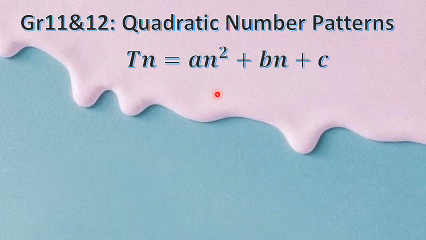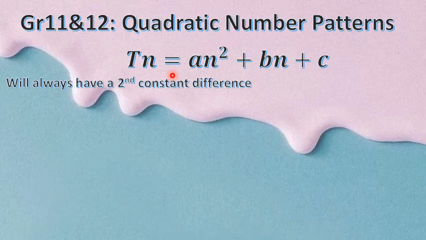And just as a parabola's formula is y equals ax squared plus bx plus c, a quadratic number pattern's general formula is Tn equals an squared plus bn plus c. n is your term number. Jot that down as I haven't given it in this slide. And Tn as a whole is like a y value for a function. It is the term value at a specific term number.